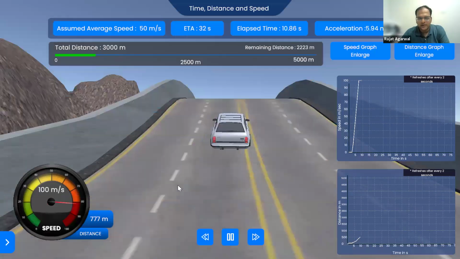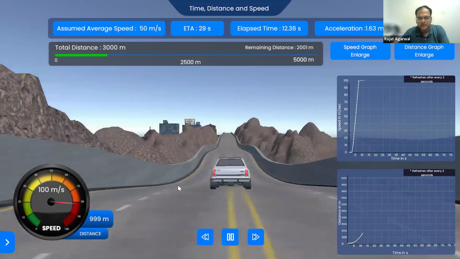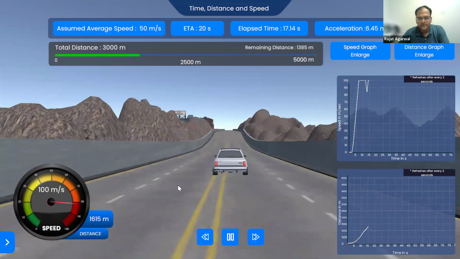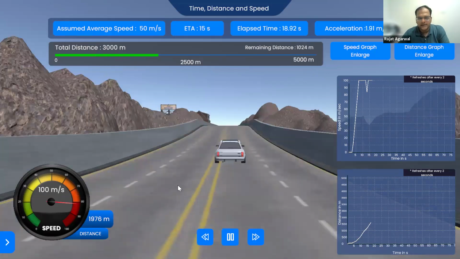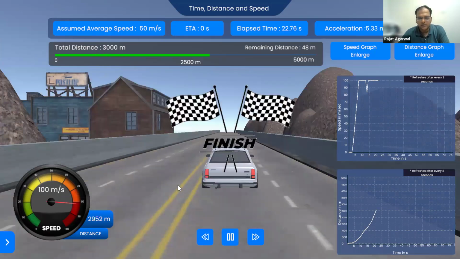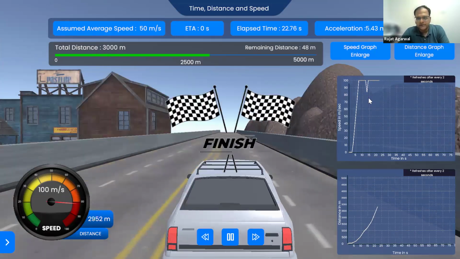You can see I've just tried to accelerate on this road. I stopped accelerating some time back, but now I'm constantly accelerating because it's a straight road. And you see, wherever I stopped accelerating, it has shown a dip and then it is going straight. The distance covered, the graph, everything gets plotted over here.